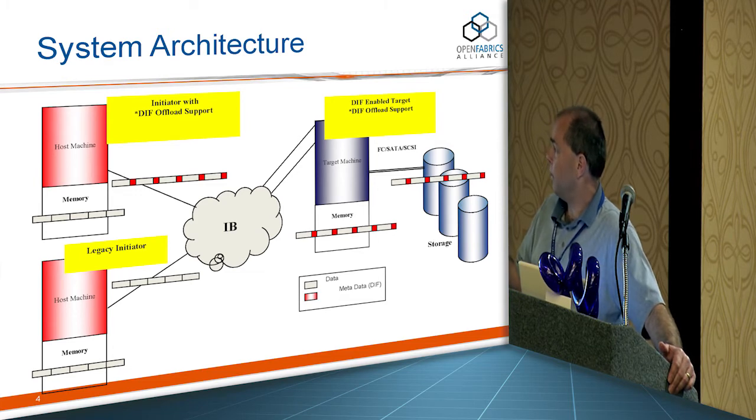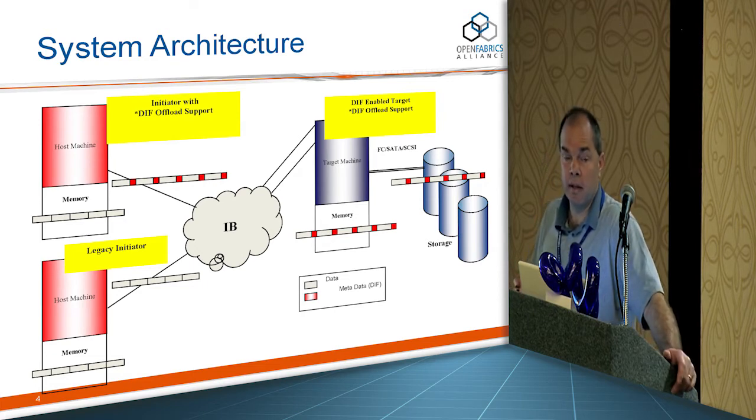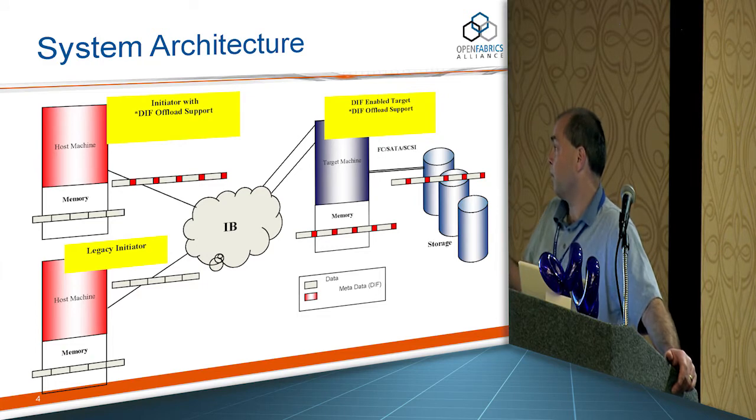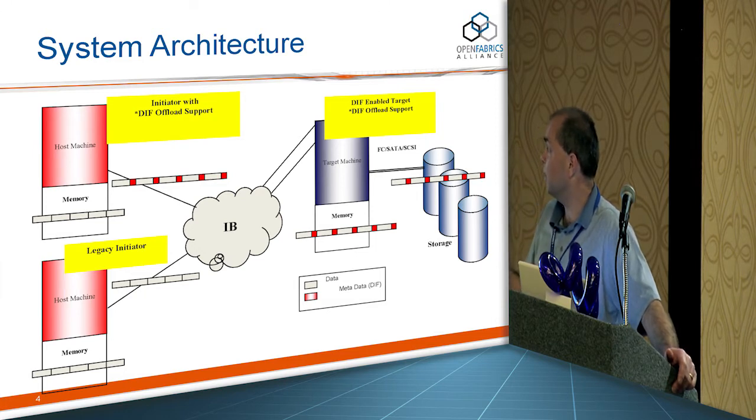In terms of architecture, you talk about, first of all, initiators, which will either write or read data to the target, which is a storage system. Either initiator or target can be legacy, that is, not supporting T10 DIF, or of course they can support T10 DIF. Same thing on the target side, although this figure doesn't show it.